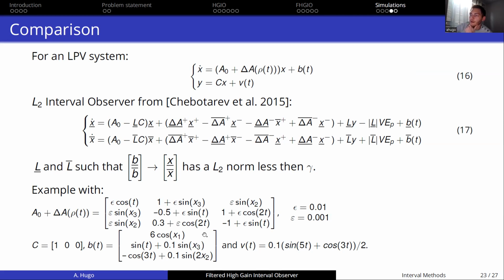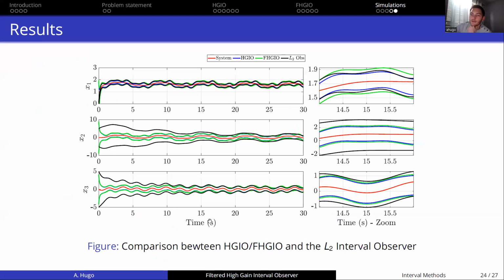So with their parameters, I adapted my design to this one, and this is what has been obtained for a certain choice of observer gains and filter gains too. As the noise is not really high and has low frequency too, the use of the filter is not really relevant in this example, but it is still shown here.